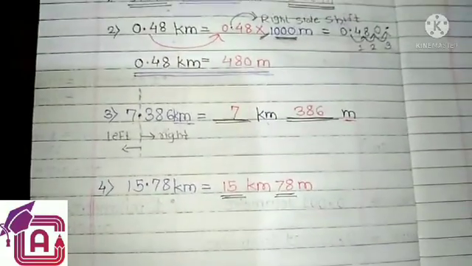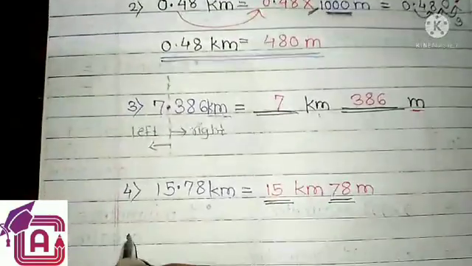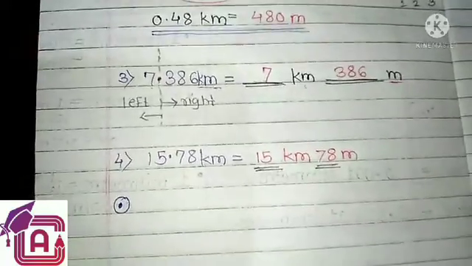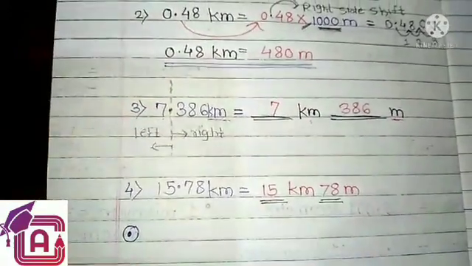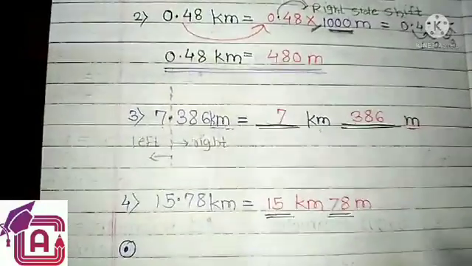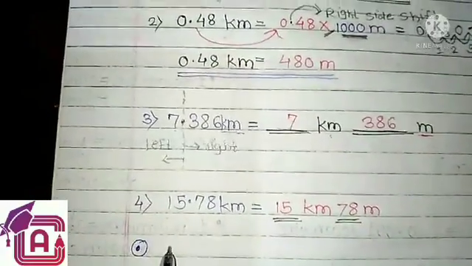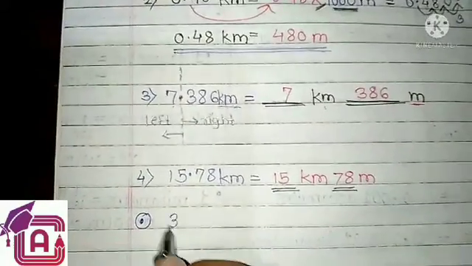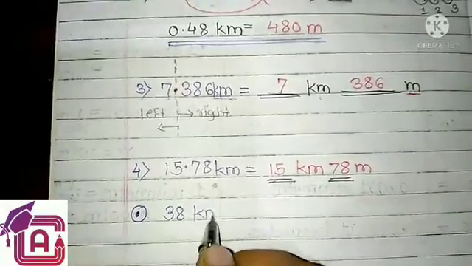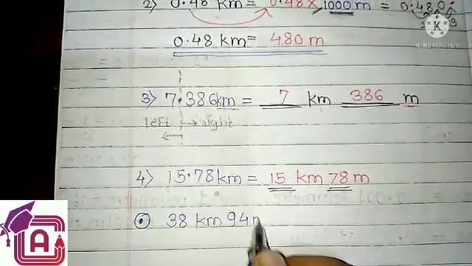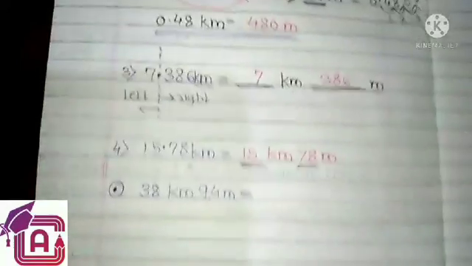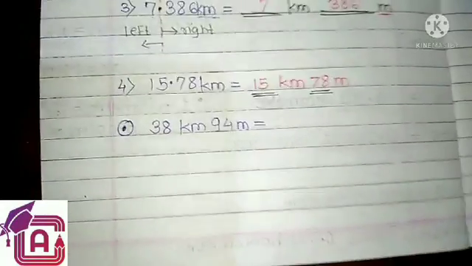Now look at another which is very different. If the opposite operation is given to you, that is distance is given like 38 kilometer, 94 meter, and we have to represent this distance in a decimal point format.